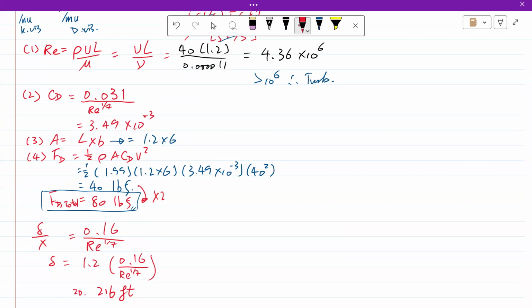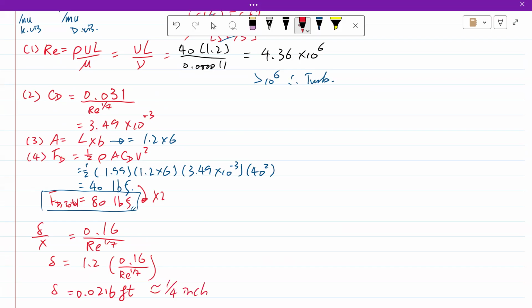Oh wait, no, I did make a mistake. Sorry. 0.0216 feet, which is roughly a quarter of an inch. Yeah, it's roughly a quarter of an inch. Sorry about that. 0.0216 feet. That's your boundary layer height.